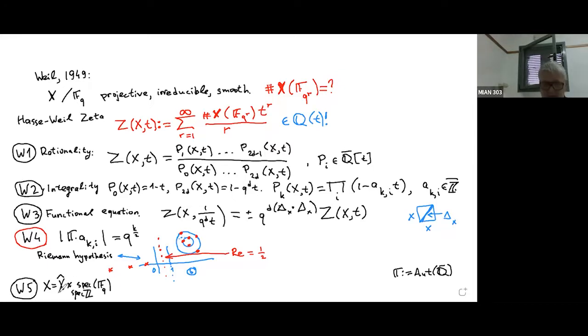So this is the basic object. So it means that X, well, let's write it down explicitly. Suppose X hat is defined over Z.